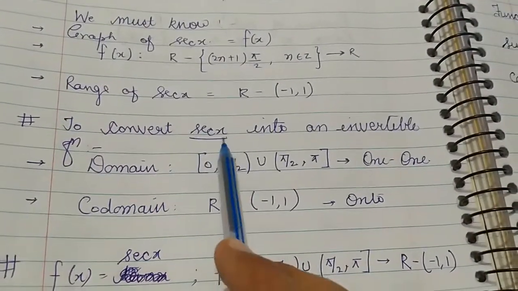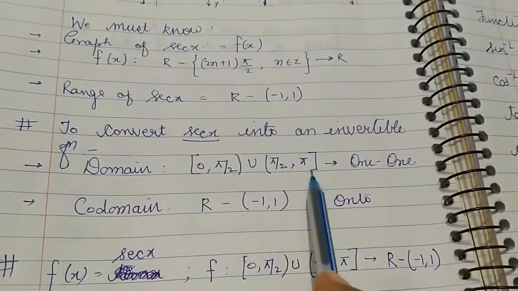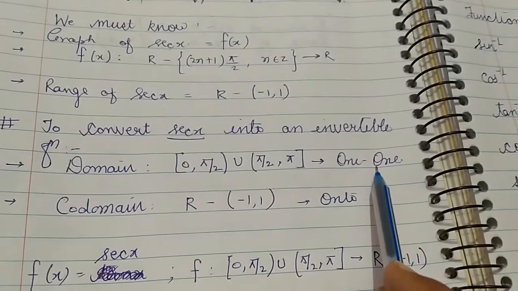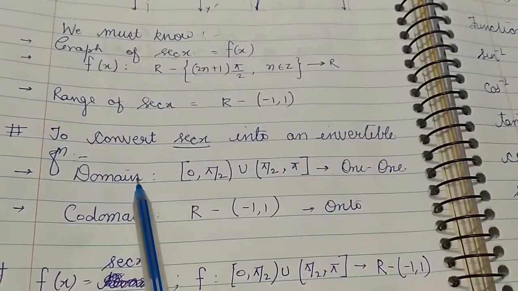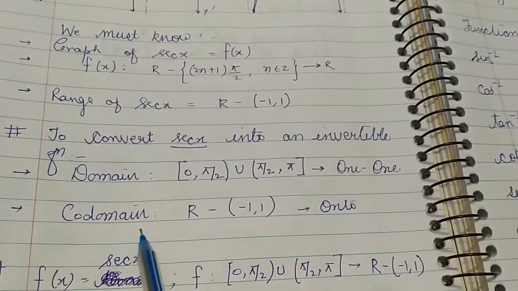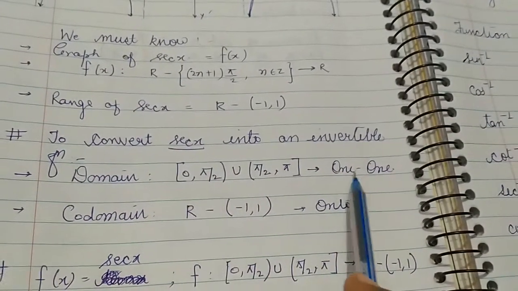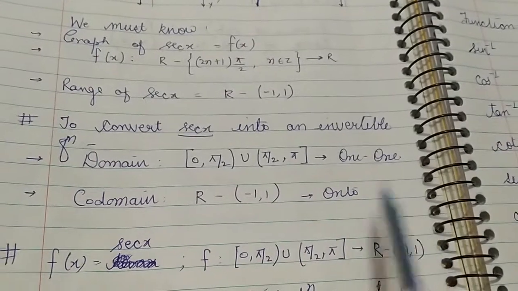Therefore, the domain of sec x must be replaced by this one so that it becomes a one-one function. Under this domain and codomain, the function sec x is converted into a one-one and onto function.